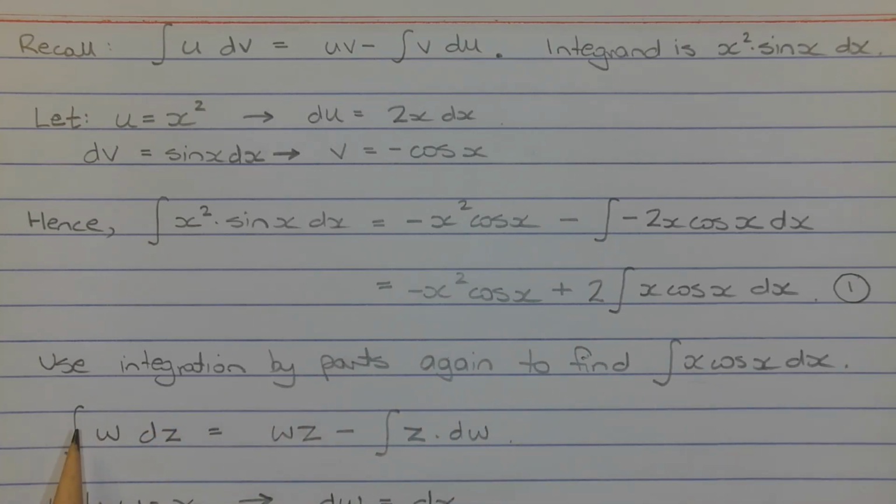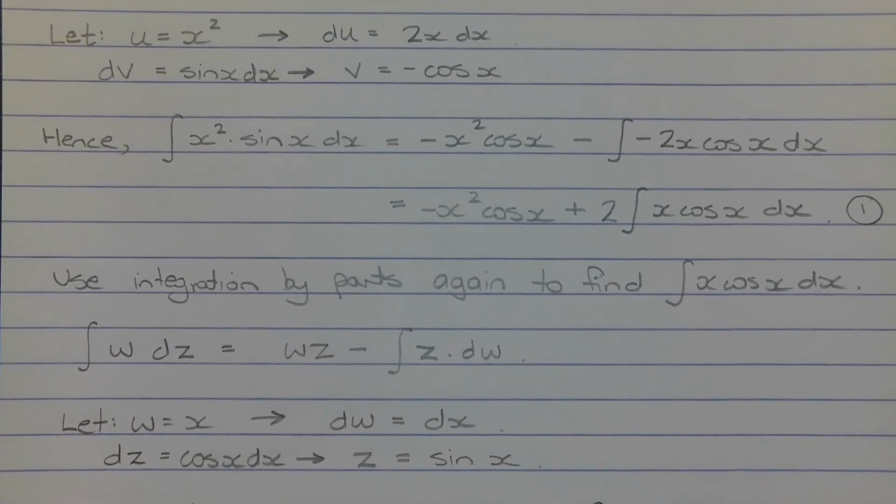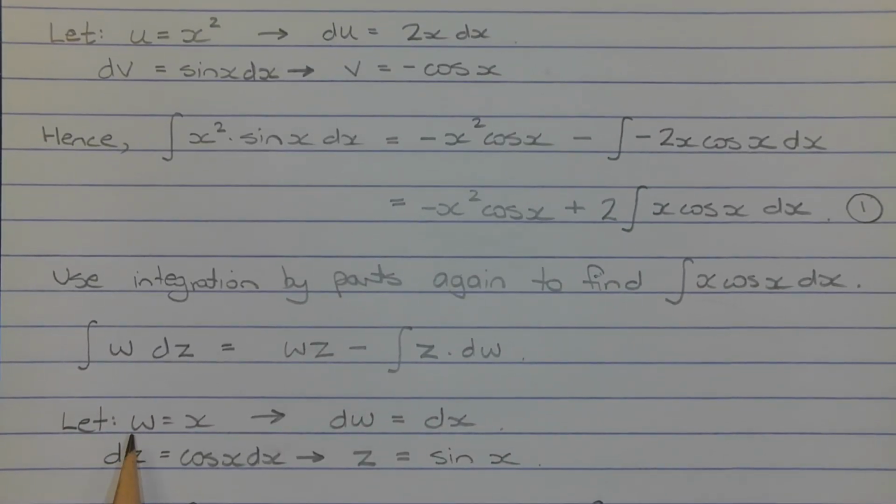So using the integration by parts formula, but I've changed the variable, so the integral of w dz, because I've used u and v already, is equal to wz minus the integral of z dw. In this case, I'm going to let w equal x, so dw is equal to dx, and let dz equal cos x dx, so by integration, z is equal to sin x.